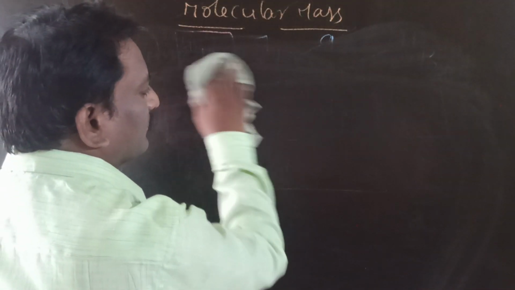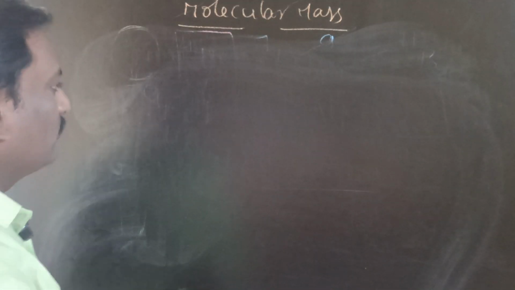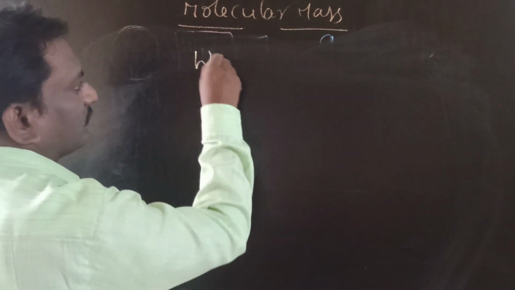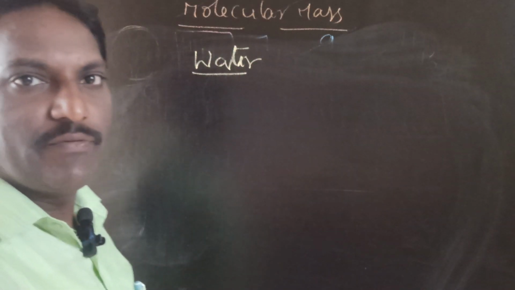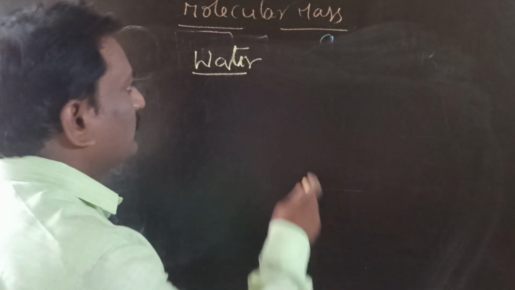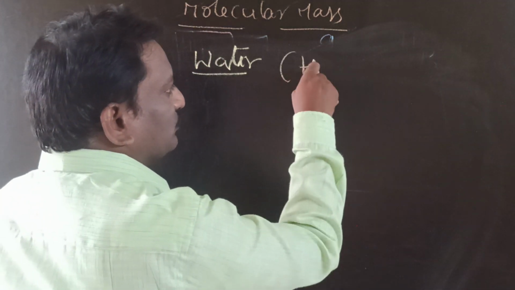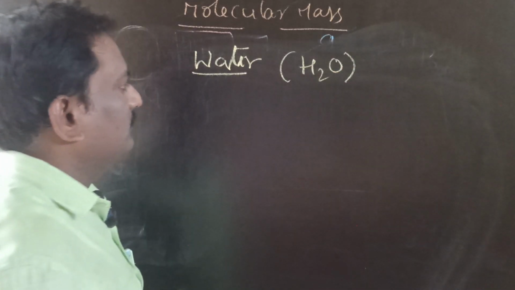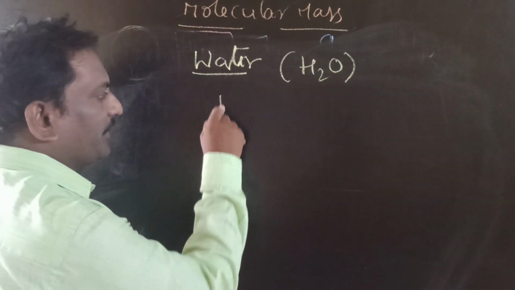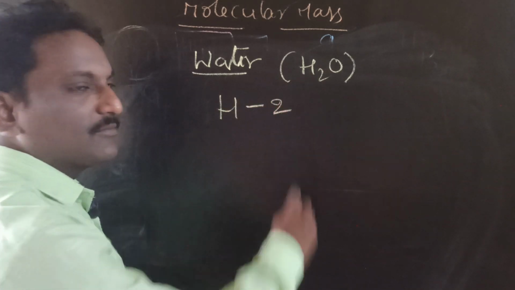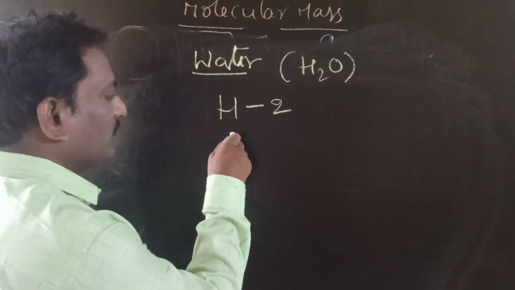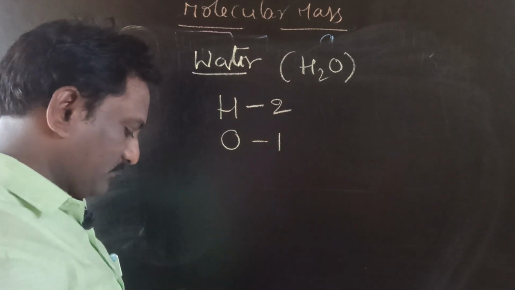Now let us calculate the molecular mass of some compounds. Get ready. Let me take a very simple example: water. Water is a universal, life-giving liquid. The chemical formula of water is H2O. Find how many atoms of different elements are present in water: 2 hydrogen atoms and 1 oxygen atom.